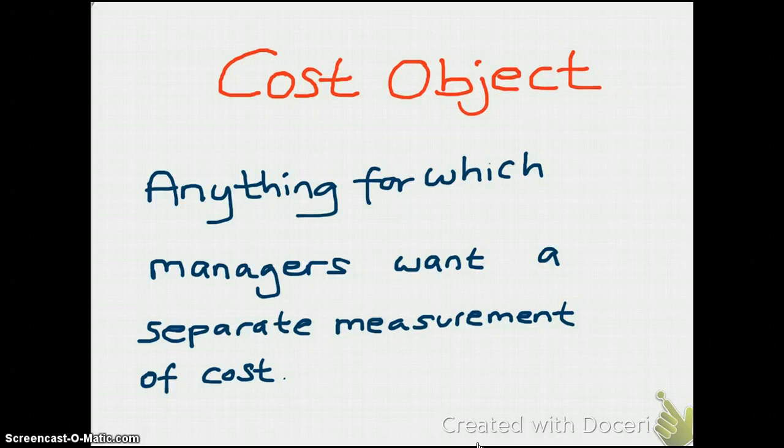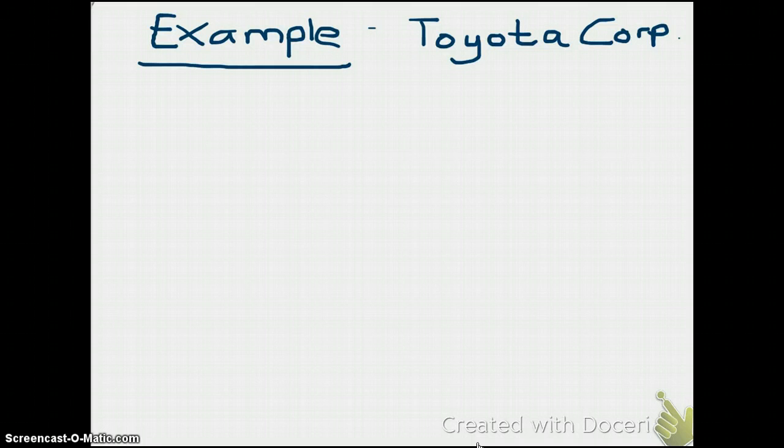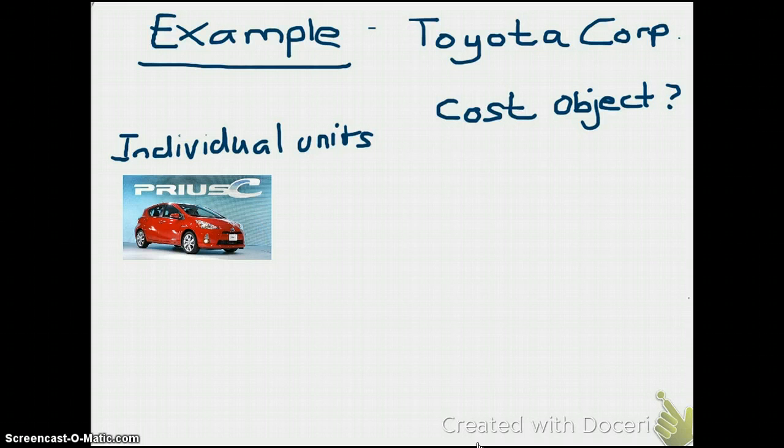So what could be considered a cost object? Let's look at an example. We'll look at the Toyota company, Toyota Corporation, and let's look at a particular model of car. An individual unit, could that be considered a cost object? Would Toyota want to find out how much it costs to produce this particular model?